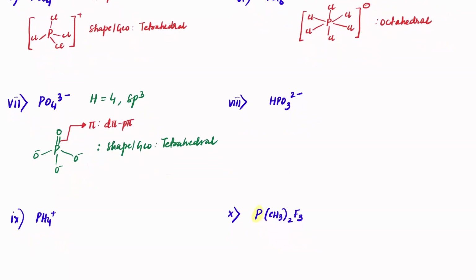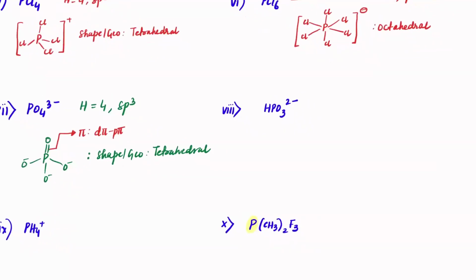Next. HPO3 2 minus. So what did we get as H here? Again 4, sp3. Check it out.